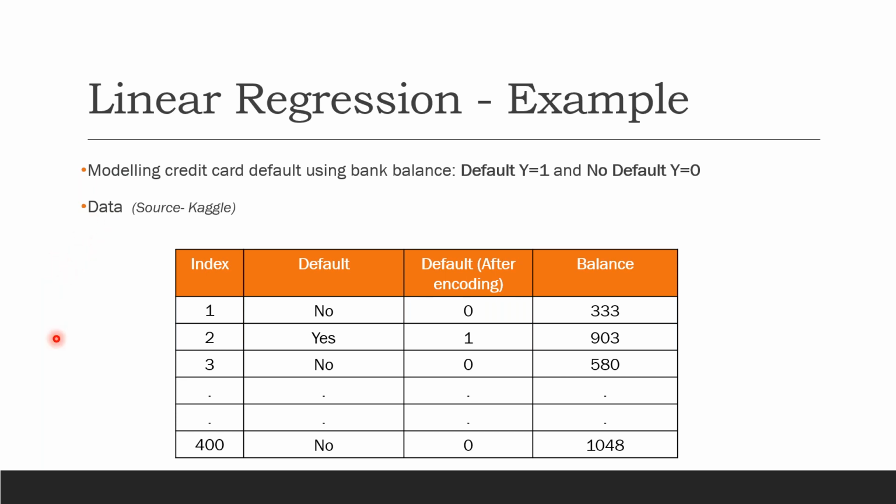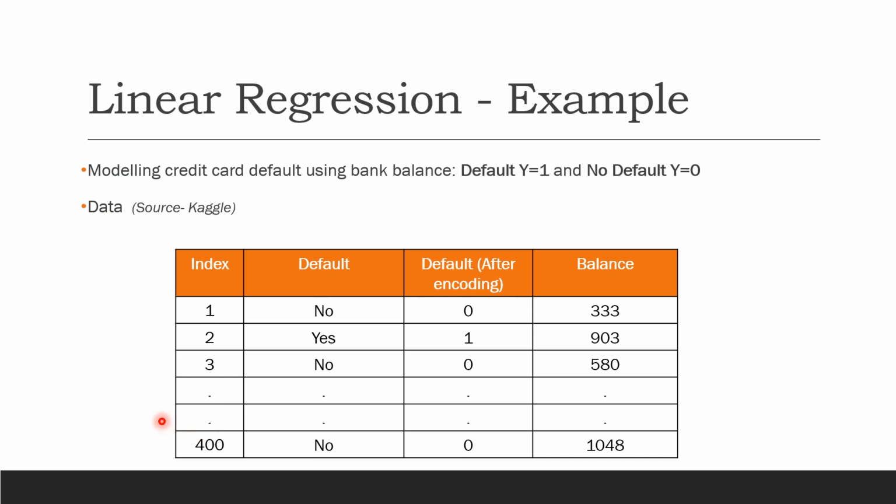So here's a snapshot of the data. We have the default, whether or not the person defaults, which is going to be yes or no. Because we've assumed that when there is a default it's 1, and when there's no default it's 0, what we'll do is encode this variable. So no is 0 and yes is 1, right? And then we have the bank balance, and a total of 400 observations.